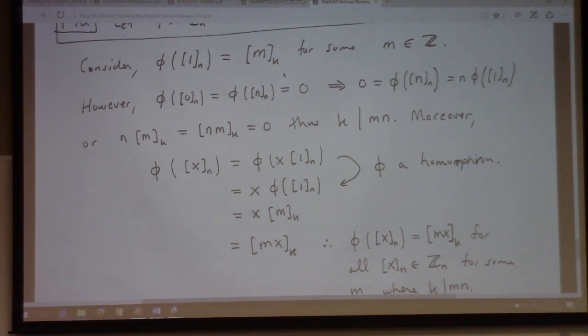That's what phi of g to the n equals n phi of g looks like in additive notation. That's the homomorphism property, n-fold times. So what does that mean? In other words, n times m, which is nm, k coset of mn, equal to 0. But that means that k divides mn, so it's just that.